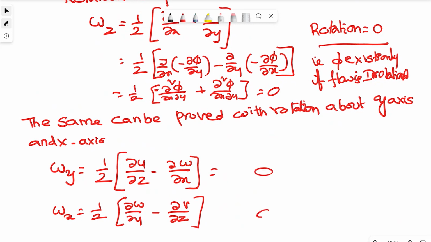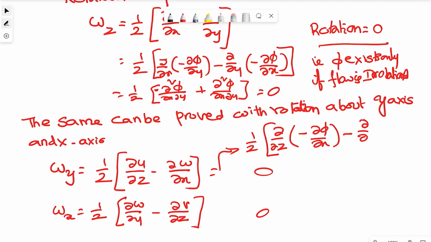For example, I will show you this: half of dou by dou z of u, meaning minus dou phi by dou x, minus dou by dou x of w, meaning minus dou phi by dou z.